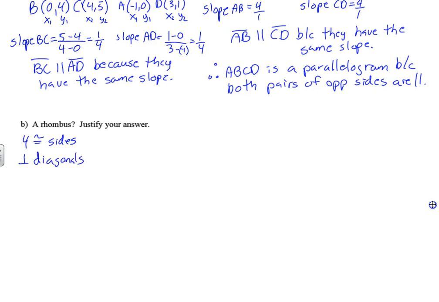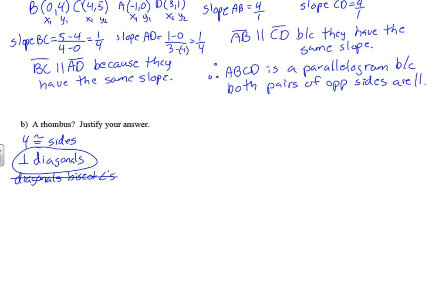A rhombus also, the diagonals bisect angles, but that's not a relationship that we can show on the coordinate plane, so we're not going to consider that as an option.